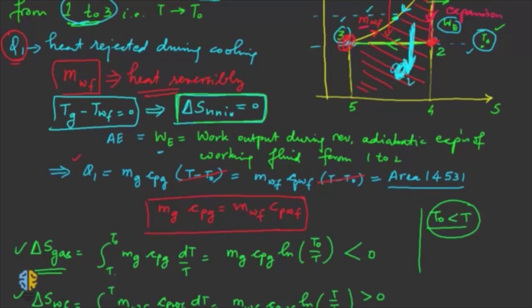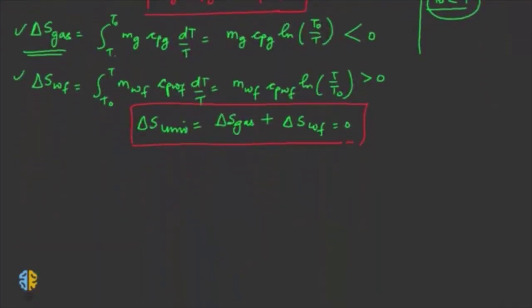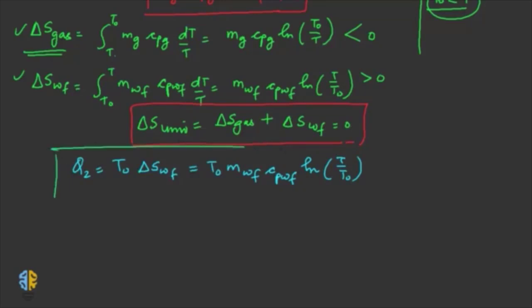So Q2 is equal to T naught into delta S WF, and this is equal to T naught MWF CPWF into log T upon T naught. So this is the value of Q2.